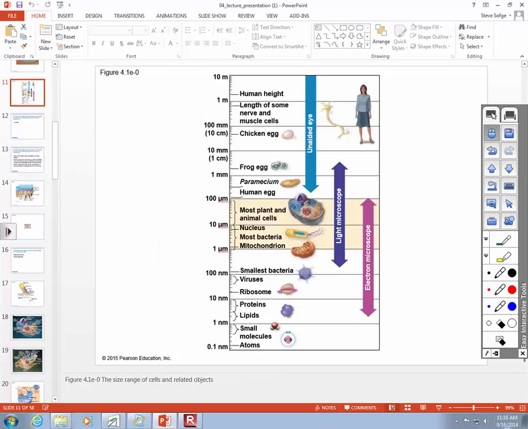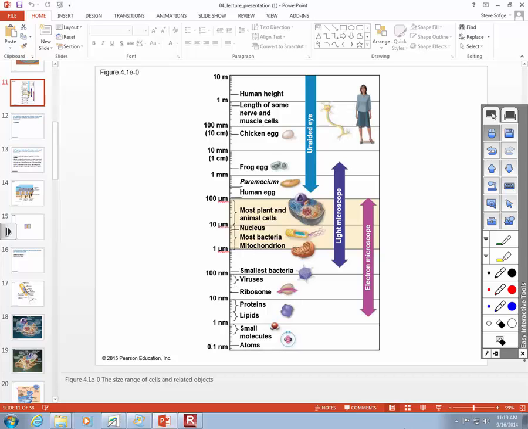Most bacteria will be like 2 micrometers in diameter, say like the size of a mitochondrion. And your viruses, notice how tiny those are, incredibly small.